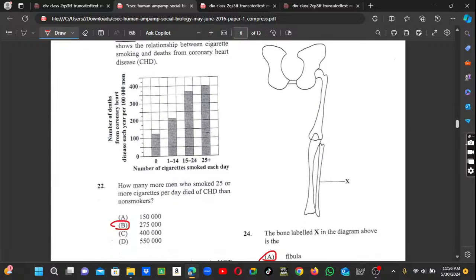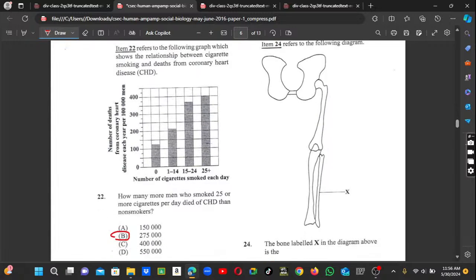Number 22 now. It says, showing the diagram here, the relationship between cigarette smoking and death from coronary heart disease, right? So this would be the number of deaths from coronary heart disease each year per 100,000 men.